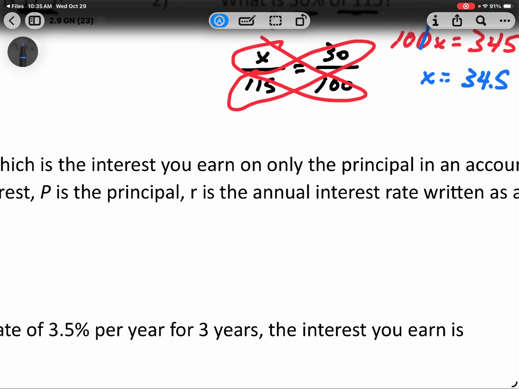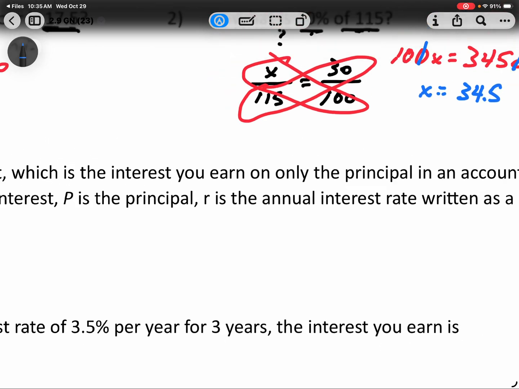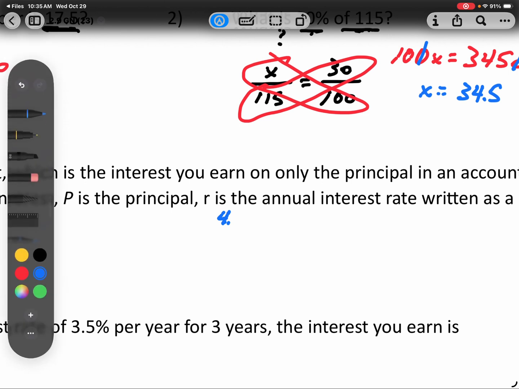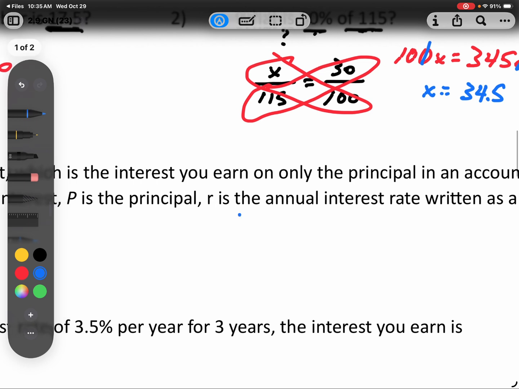So, for example, it may say the interest rate is 4.5%.